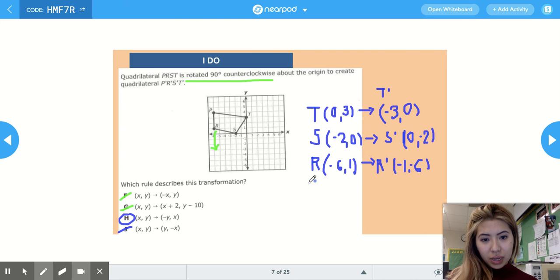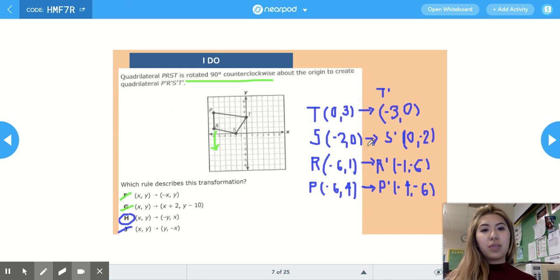And then for P, I have (negative 6, 4). So rotated P would be (negative 4, negative 6).